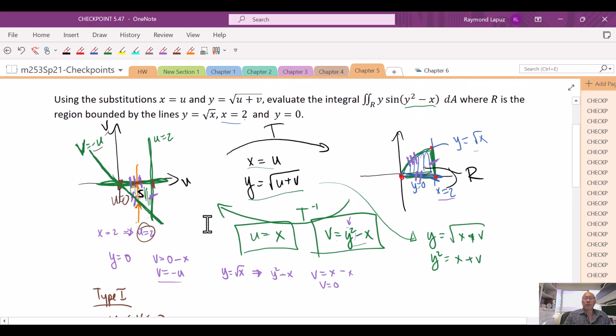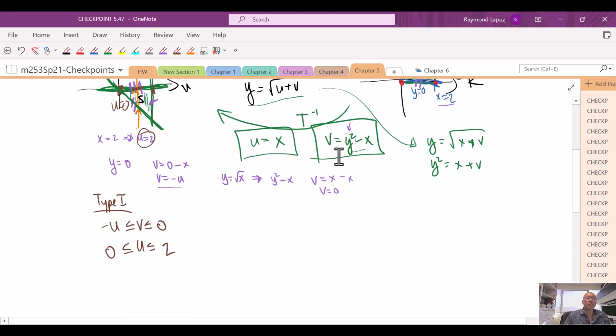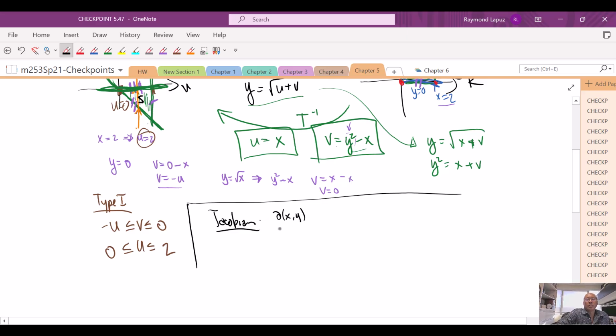So we're almost ready to redo our integral, but before we do that, we're going to need the Jacobian. So let's find the Jacobian. The Jacobian is going to be a set of partial derivatives of our functions x and y with respect to our variables u and v.